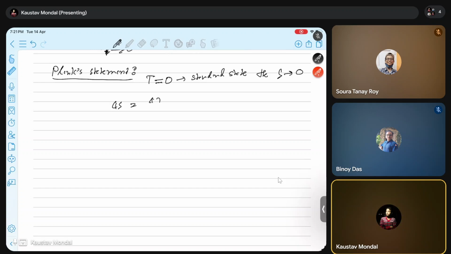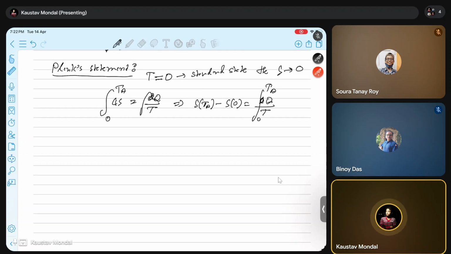Delta S, as we know, is delta Q by T, and the temperature is changing from 0 to, let's suppose, T. So S at T minus S at 0 would be equal to the integral of dQ by T from 0 to T. Now the entropy at 0 temperature is simply equal to 0, so that you can calculate the entropy at that particular temperature, S at T, as the integral from 0 to T of dQ by T.